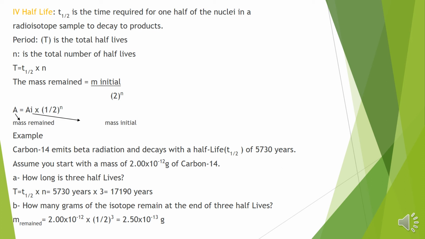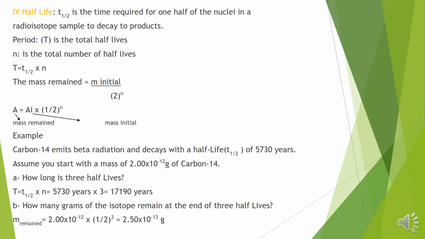We have here the period, which is represented by capital T, is the total half-lives. We have the n, small n, which is the total number of half-lives. So the period, which is the total half-lives, equals the half-life, represented by T half, times n.